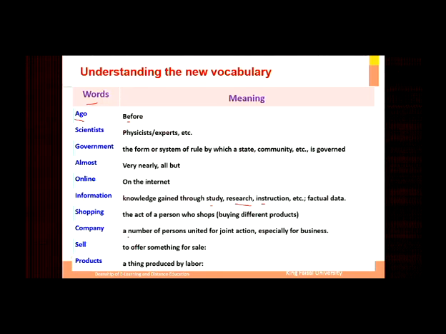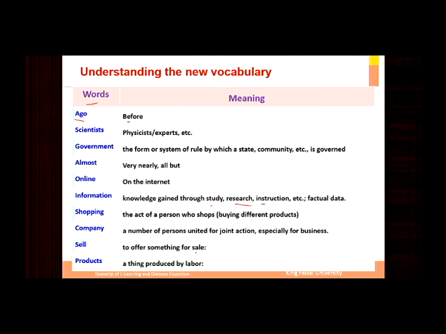The word company is a number of persons united for joint action. So when we have a company, it means more than one person has done something together. So they have united together for a joint action or joint business, especially business, as we can see here. The word sell means to offer something for sale.